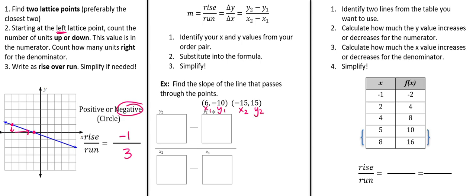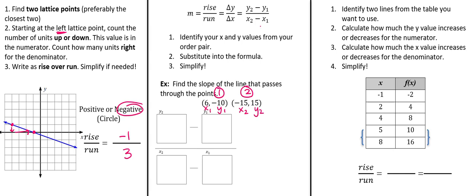I label them as x sub 1 and y sub 1 because this is my first coordinate, x sub 2, y sub 2, this is my second coordinate. And if you look up here in our formula, I need a y sub 2, a y sub 1, x2, x1. So that's why I'm going through and labeling these.